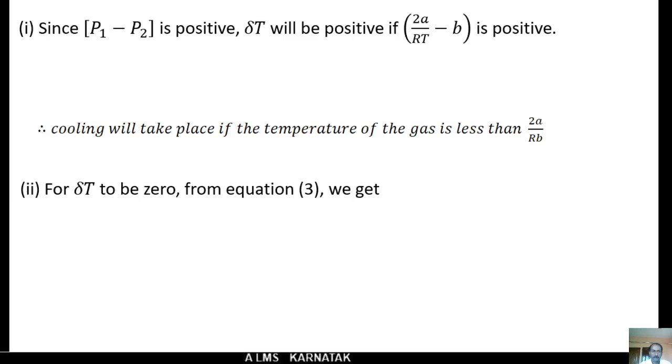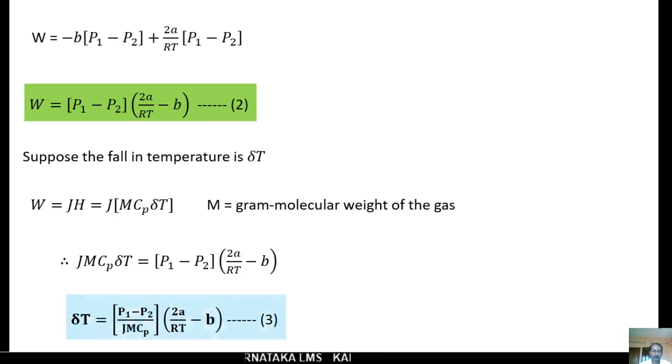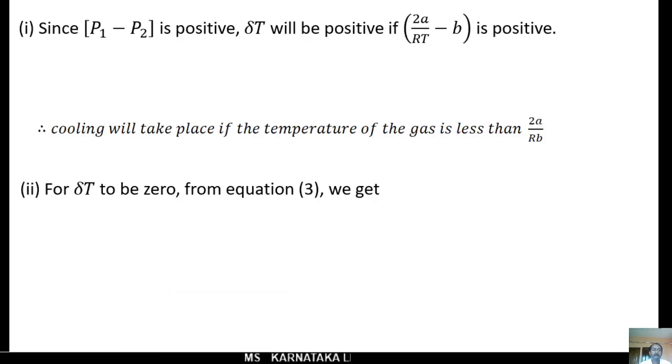Using equation 3, we can come to some conclusions.